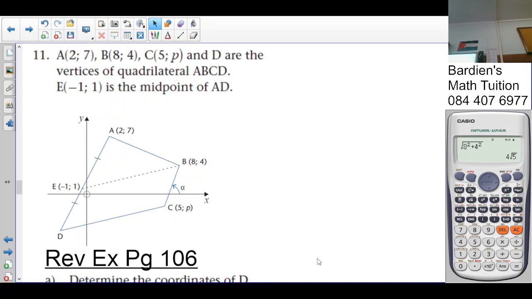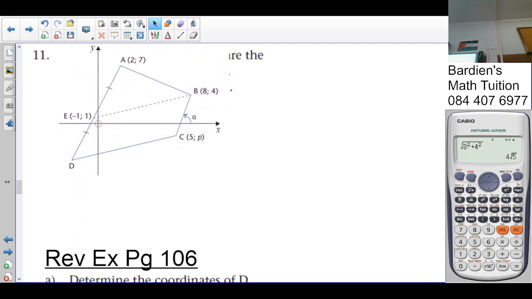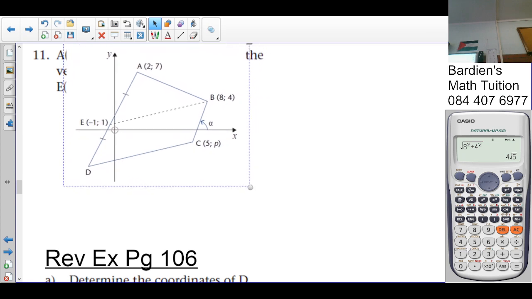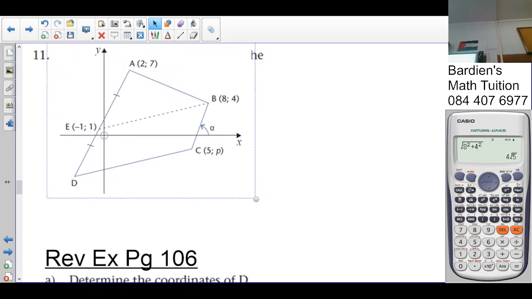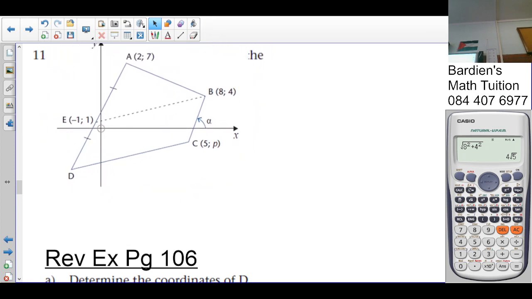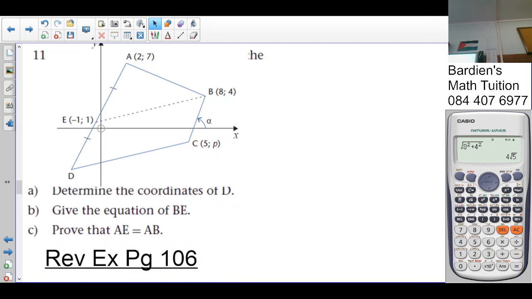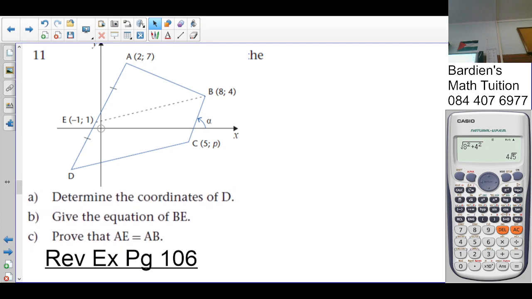Then we are told that E, which is negative 1 and 1, is the midpoint. The first question says determine the coordinates of D. As you can see, the midpoint is given there. So we're going to use the midpoint formula.